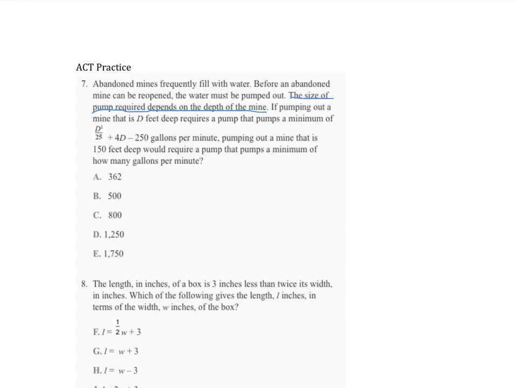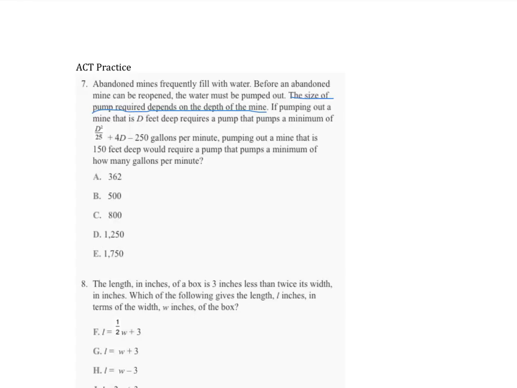Sounds like the depth of the mine is going to be normally what we think of as our x value. It says if pumping out a mine that is d feet deep requires a pump that pumps a minimum of, and then we've got this formula that's kind of the y value where it's going to calculate what size pump apparently that we need.